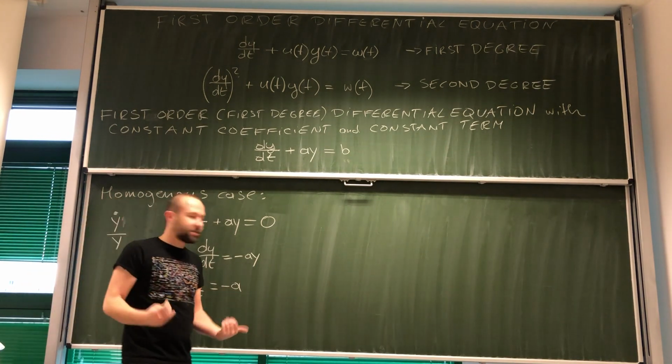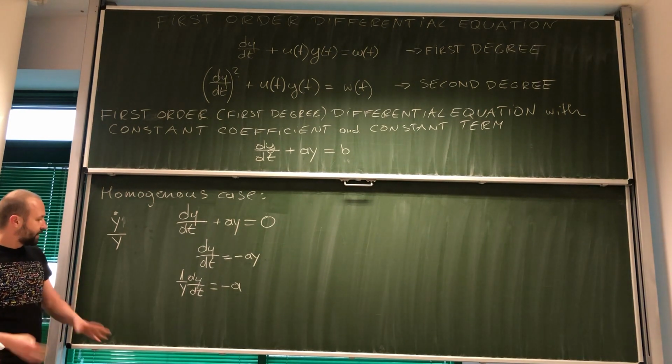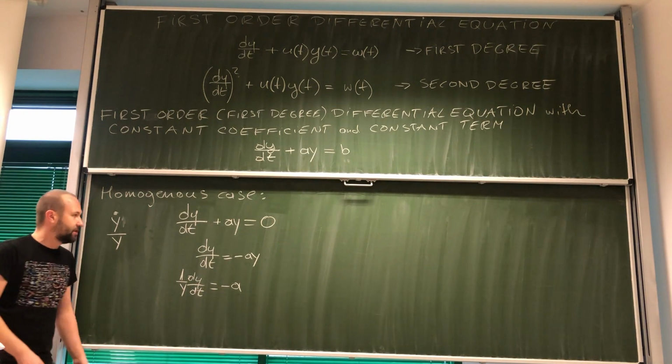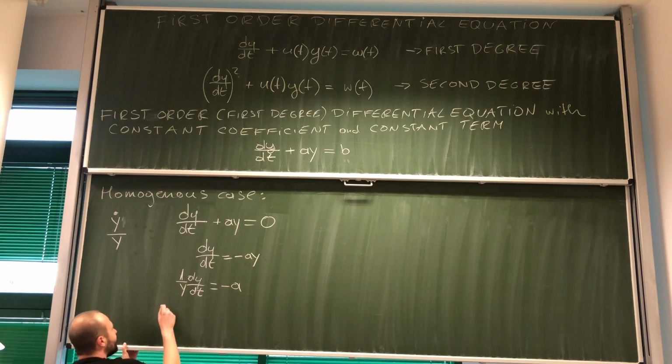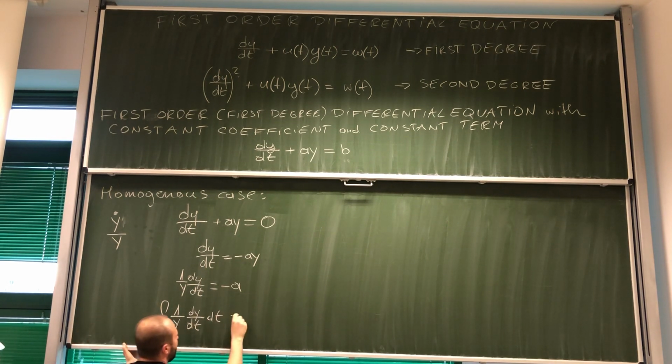I should use an integral, because if I integrate a derivative, I'm going to get a function. And so what I am going to do next is calculate the integral of 1 over y dy/dt dt. But now, of course, I need to do the same thing on the other hand side.